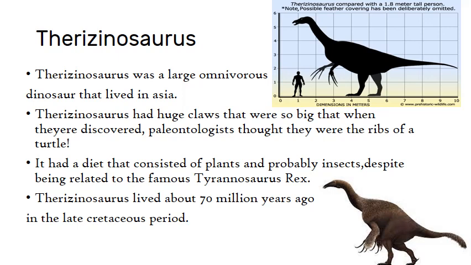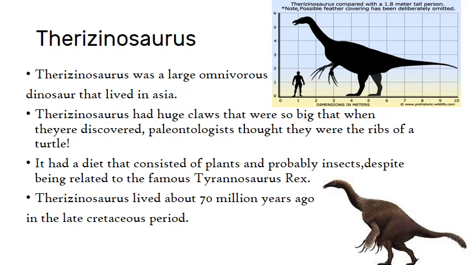Therizinosaurus had a diet of plants and probably insects that lived near the plants, for example termites and ants. It had this diet even though it was related to the famous Tyrannosaurus Rex.